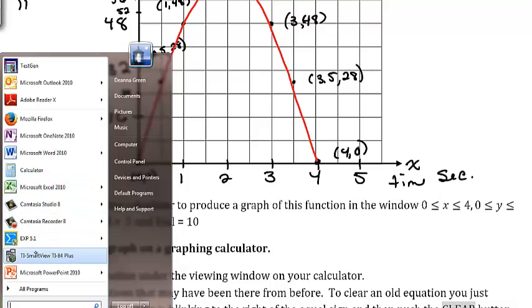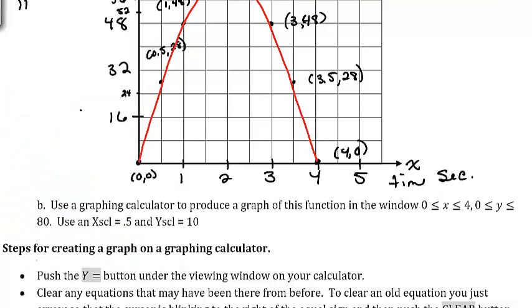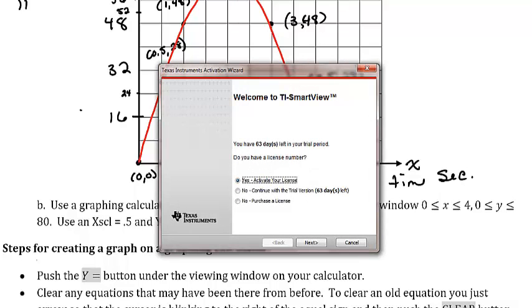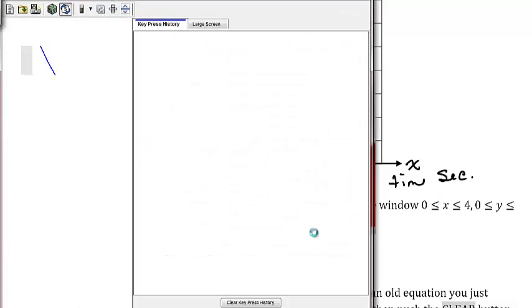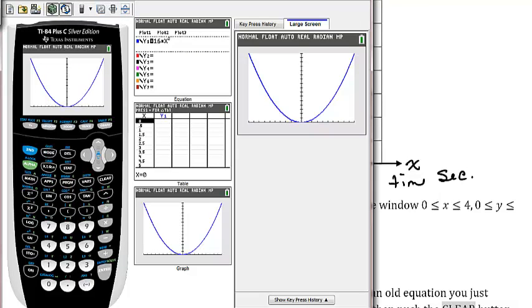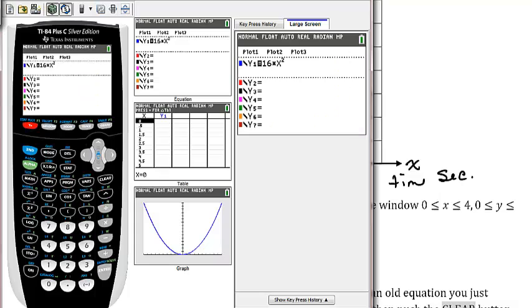So let's bring up my graphing calculator here. Alright, so I still have all the old stuff in there from before, so I need to go to the y equals menu, and I need to clear out that function and type in our new one.